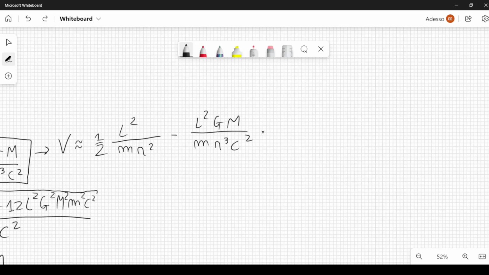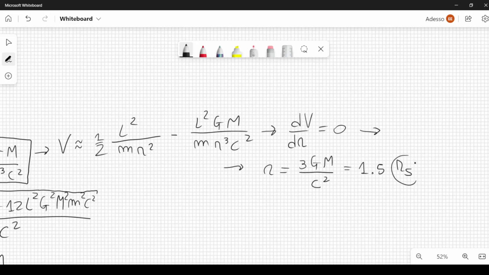But before doing that, let's take the derivative of the potential energy with respect to r and set it equal to 0. If you do this simple calculation, what you get does not depend on the mass m. In particular, you get r equal to 3 G M divided by c squared, and this is exactly equal to 1.5 times the Schwarzschild radius.